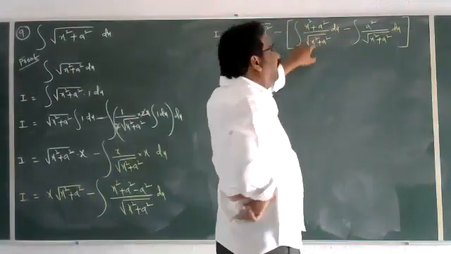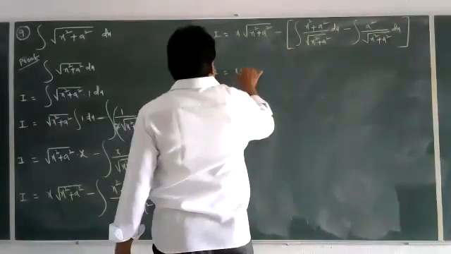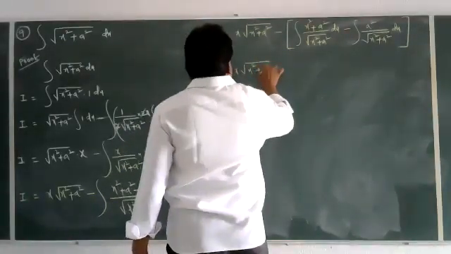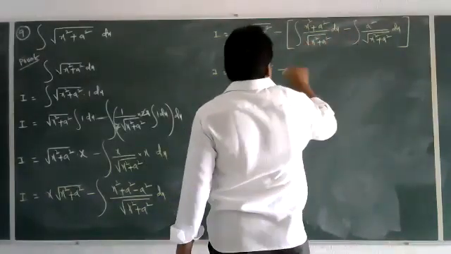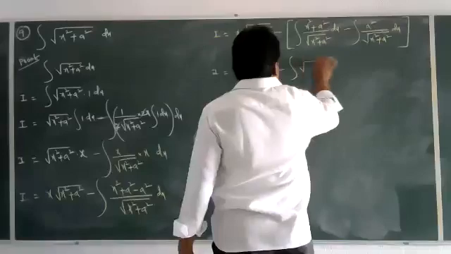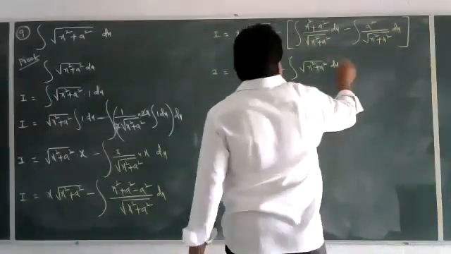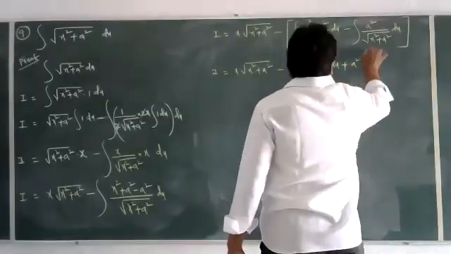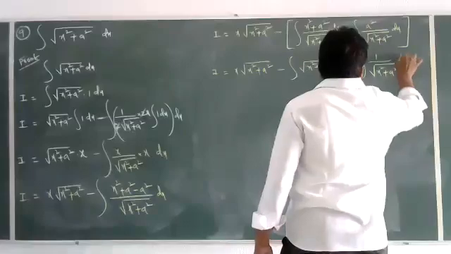Here x square plus a square by root of x square plus a square is root of x square plus a square. So I is equal to x into root of x square plus a square minus, taking minus inside the bracket, minus integral root of x square plus a square dx minus into minus plus a square into integral 1 by root of x square plus a square dx.